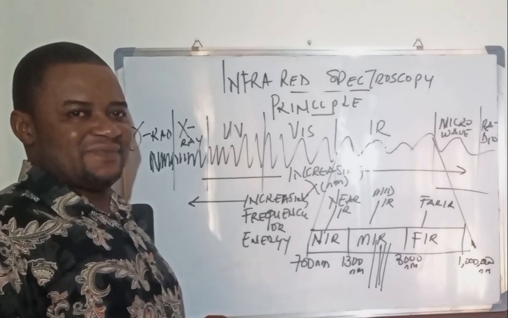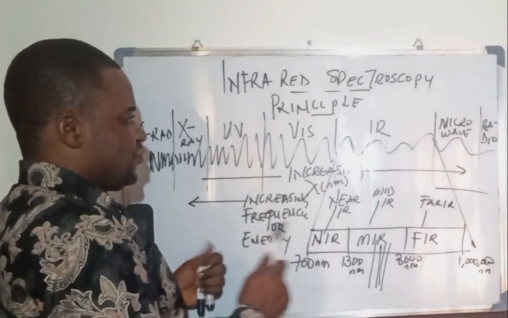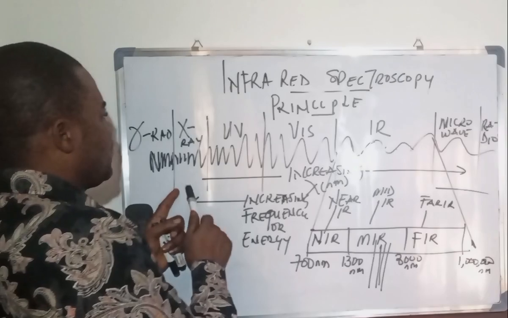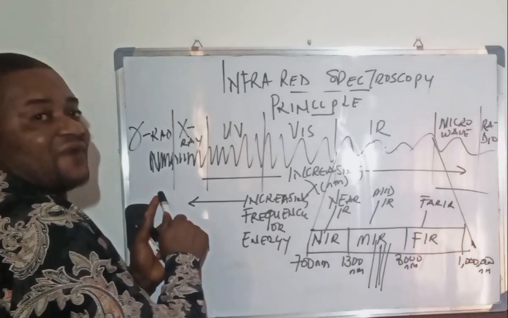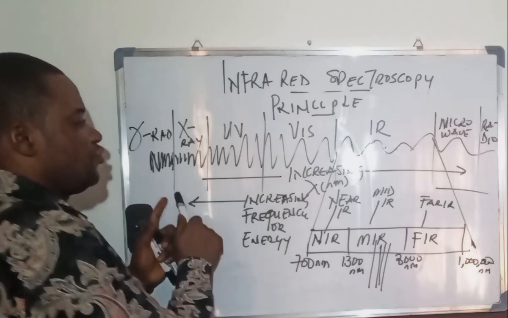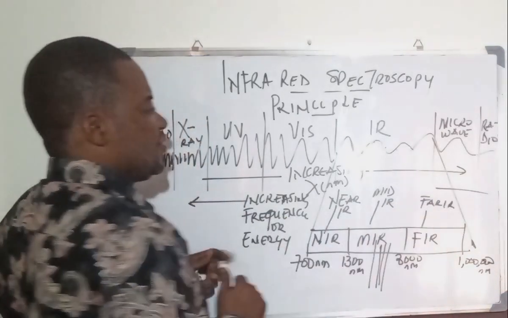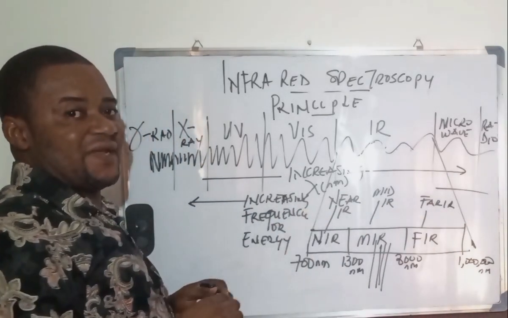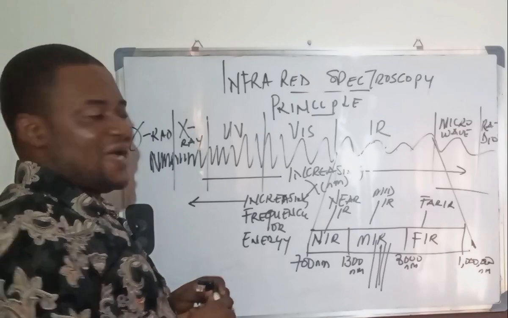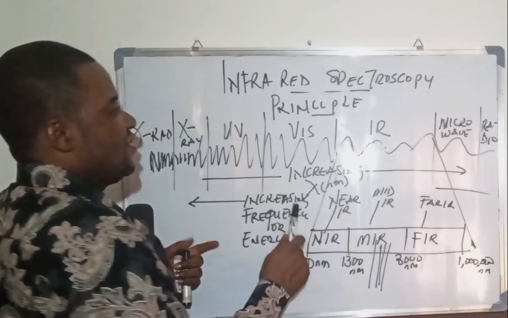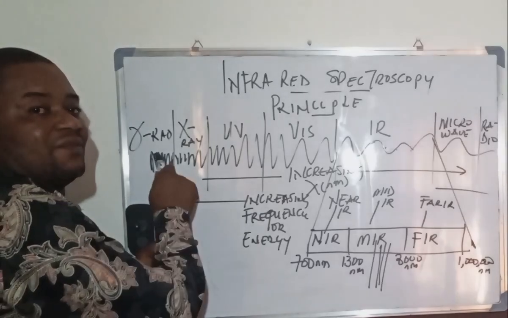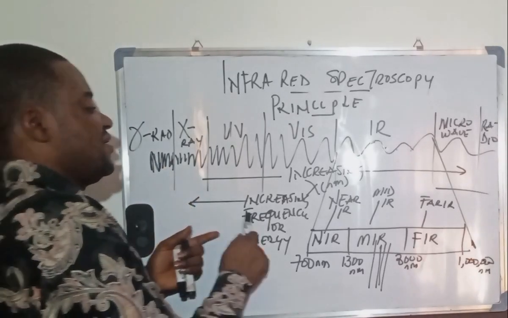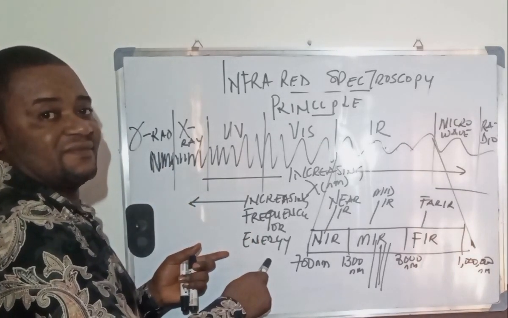Do not forget that. Now, we should know that when you are moving from the gamma radiations to the radio radiations, there is an increased wavelength. And when you are moving from the radio radiations to the gamma radiations, there is an increasing frequency or energy.